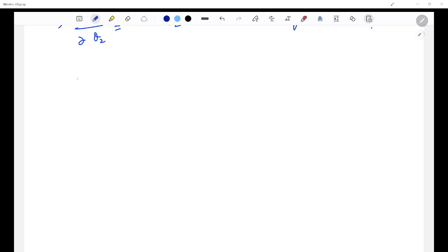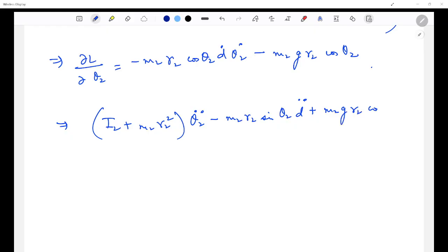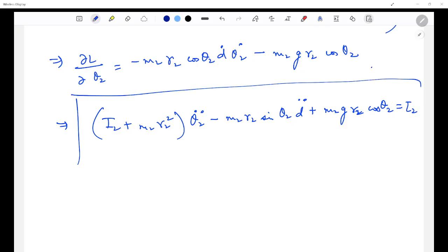So your final equation here is (I2 + M2 R2 square) into theta 2 double dot minus M2 R2 sin theta 2 into d double dot plus M2 G R2 cos theta 2 is equal to tau 2. Okay, so this is your equation of motion that you get for theta 2.